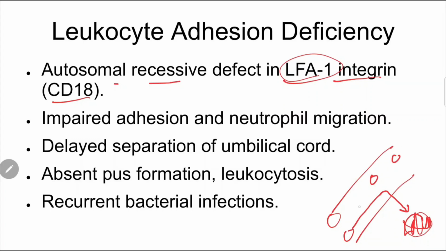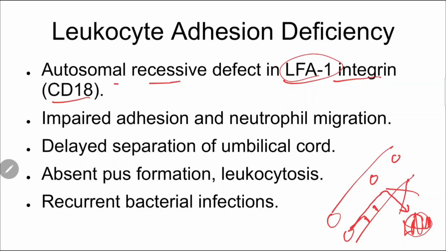But just know that integrins are molecules on the endothelium. When these integrins attach to the neutrophils, this is known as adhesion. So if you don't have this first step, the neutrophil will never reach the infectious site, and that leads to some of the findings that we see.